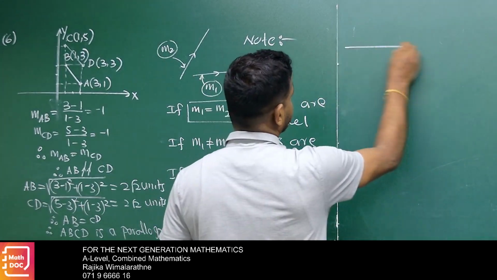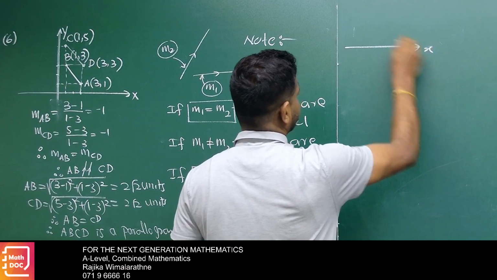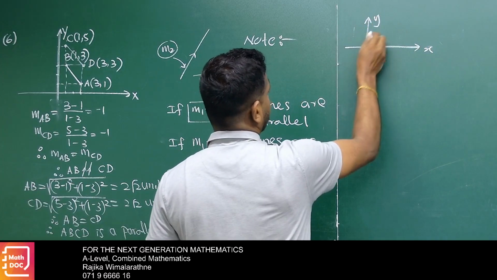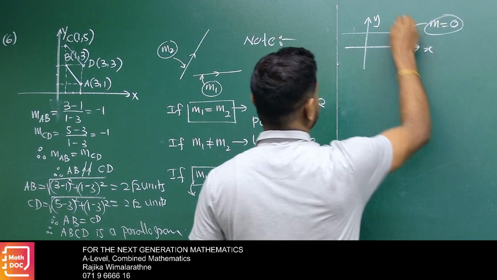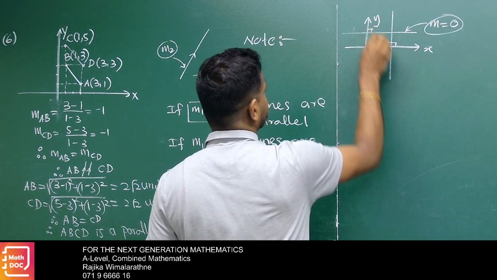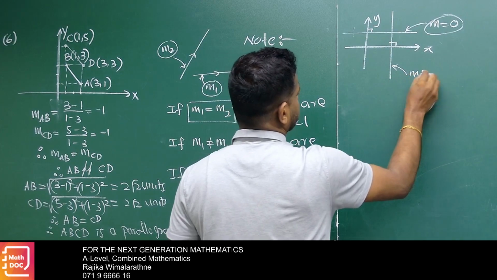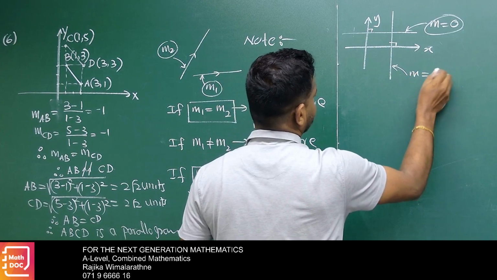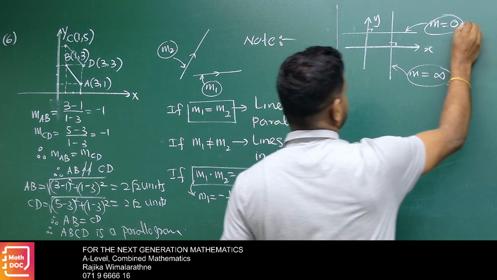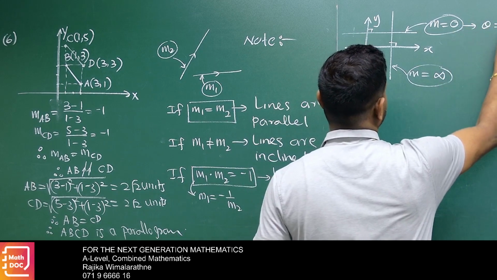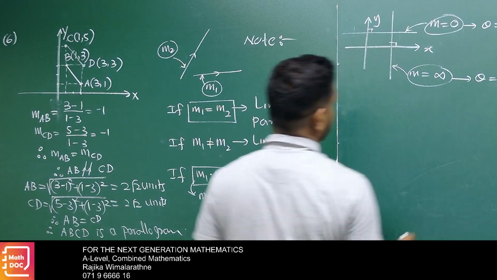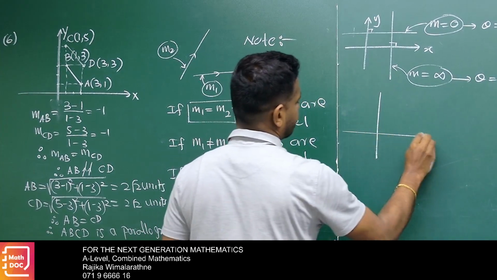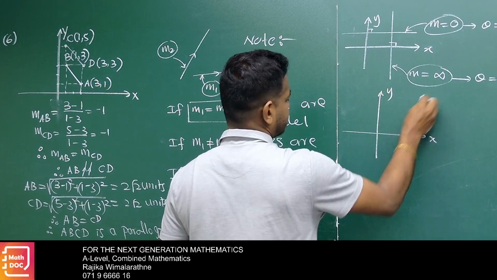When you consider the x-axis and y-axis, a line parallel to the x-axis has gradient 0. A line perpendicular to the x-axis has gradient infinity. The corresponding inclination is theta 0 and theta 90 degrees.